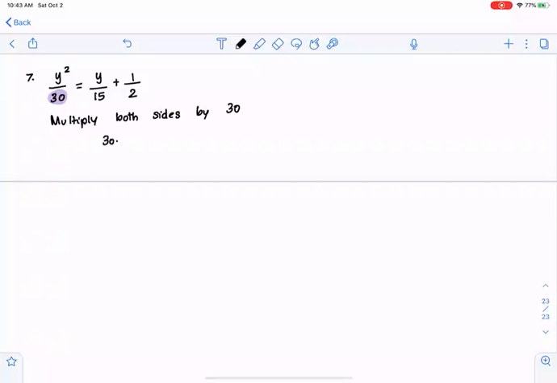So 30 times y squared over 30 would be equal to 30 times y over 15 plus 1/2.